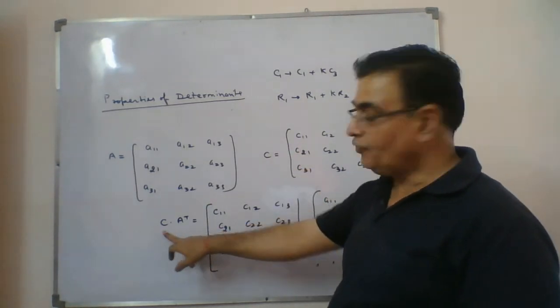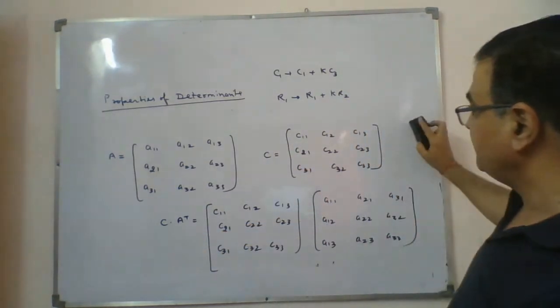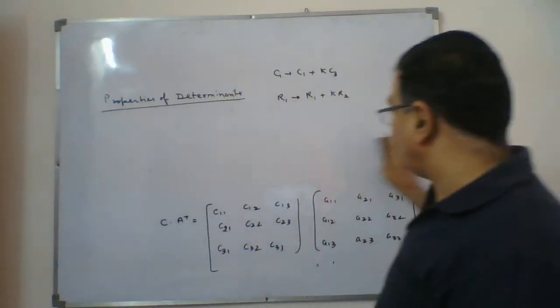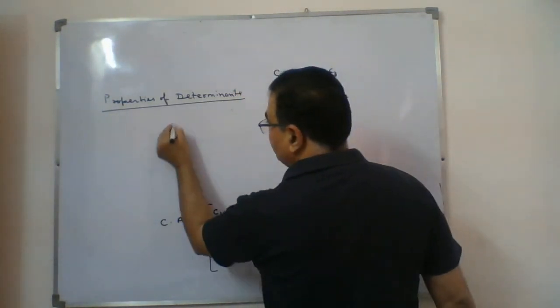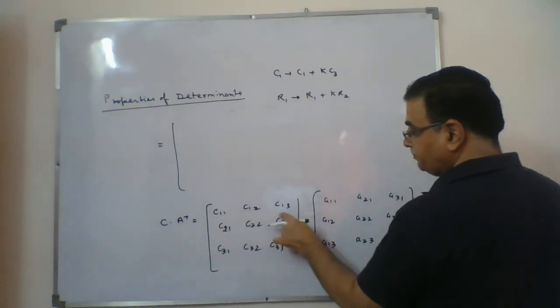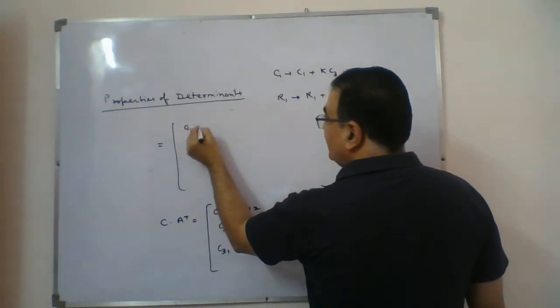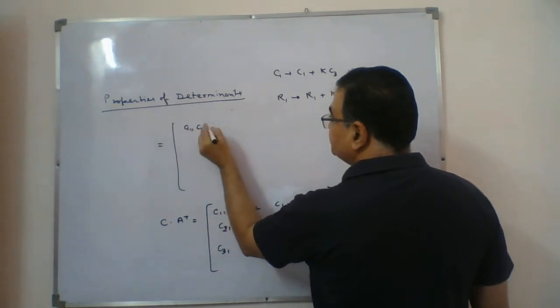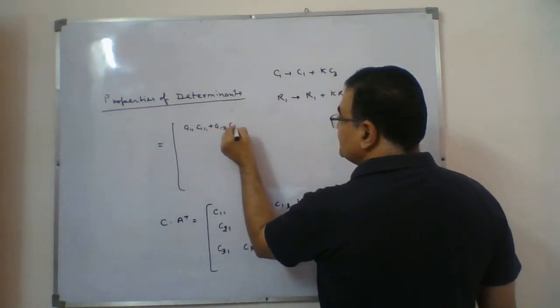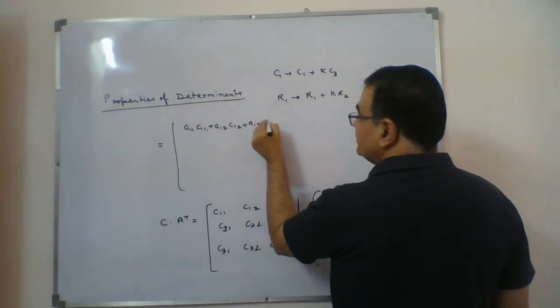I multiply the cofactor matrix with the transpose of the A matrix. Now when you solve it, just check what the multiplication comes to. This multiplied with this will come A11 into C11 plus A12 into C12 plus A13 into C13.